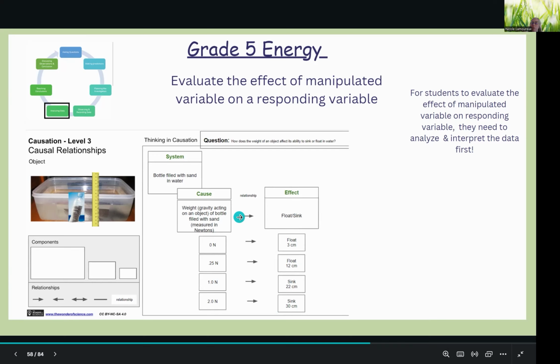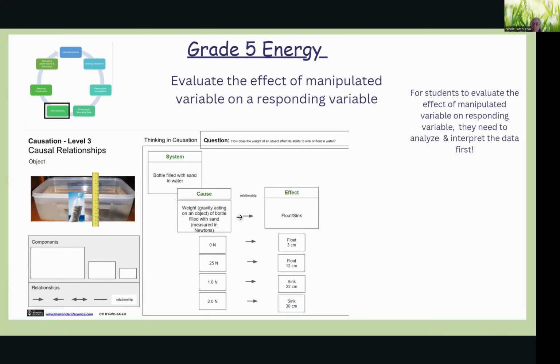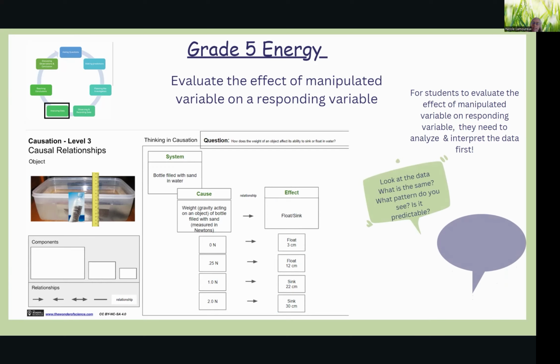So if we're going to get them to evaluate the effect, we should get them to analyze the data by asking the question, look at the data. What is the same? What patterns or regularities are we seeing between the cause and the effect? Is it predictable? Because patterns are predictable. So what the students could think, pair, share, they could write about this.